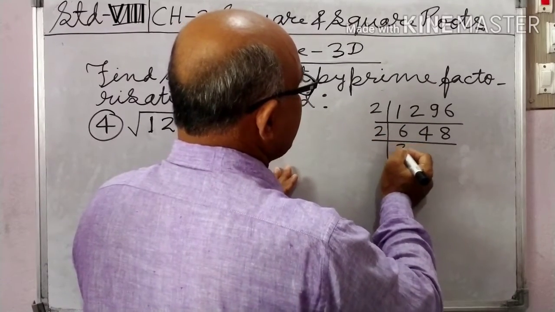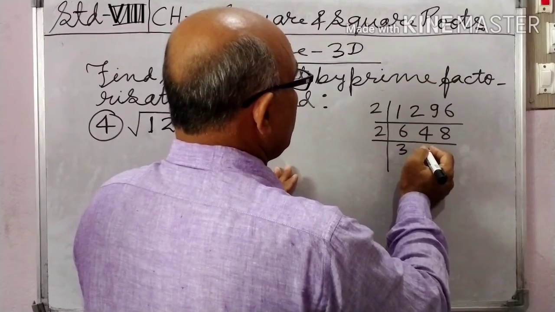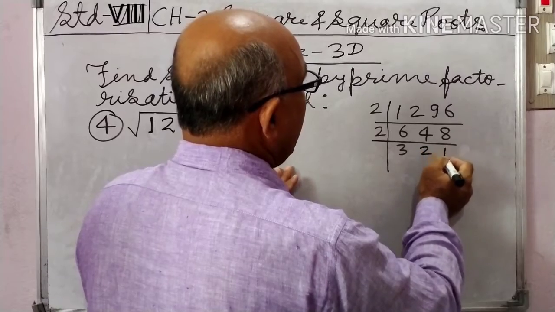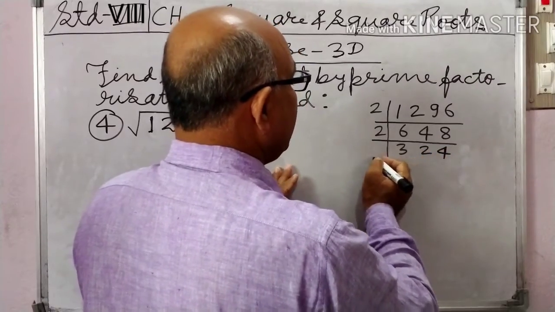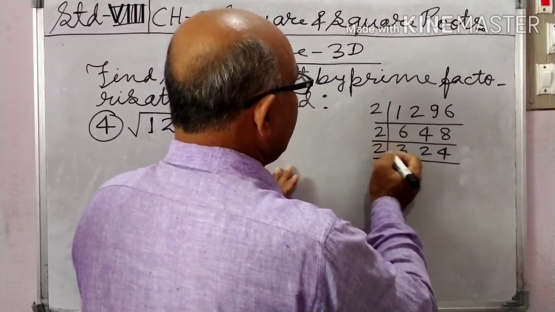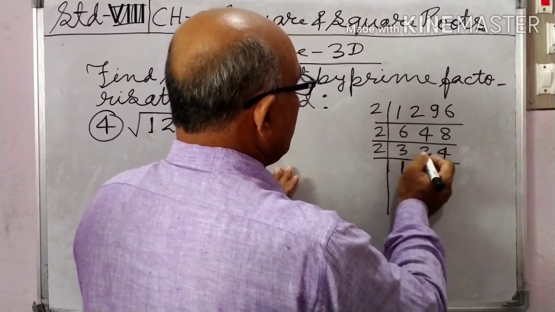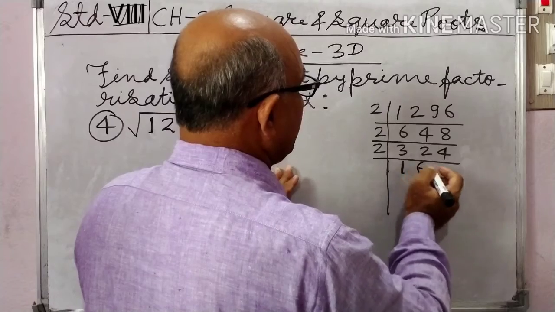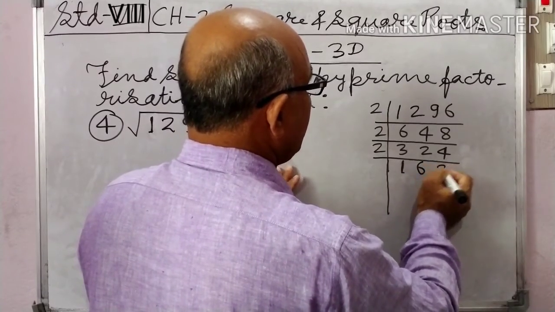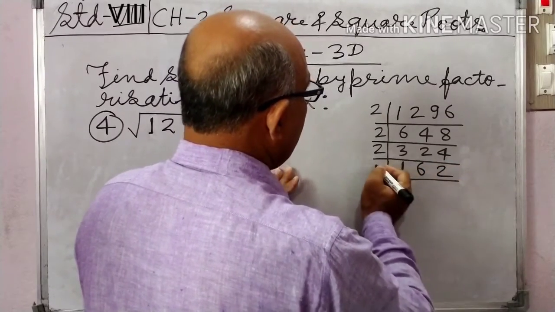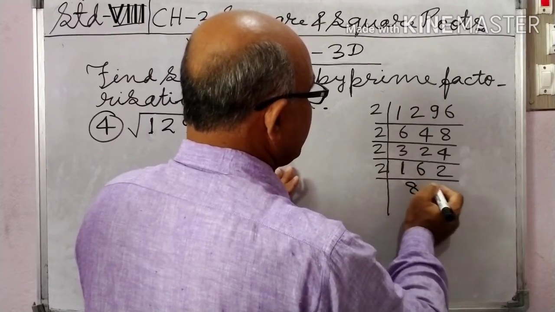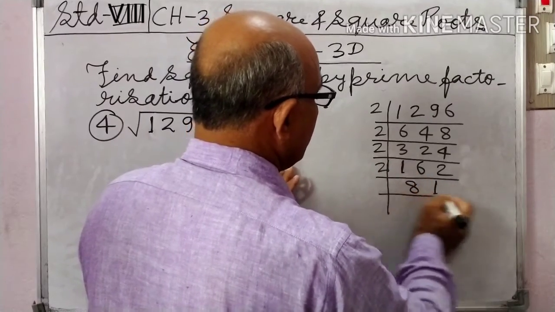Now 2 3 are 6, 2 2 are 4 and 2 4 are 8. Again 2 times 2 1 are 2, 1 2 12, 2 6 are 12 and 2 2 are 4. Now 2 times 2 8 are 16 and 2 1 are 2.